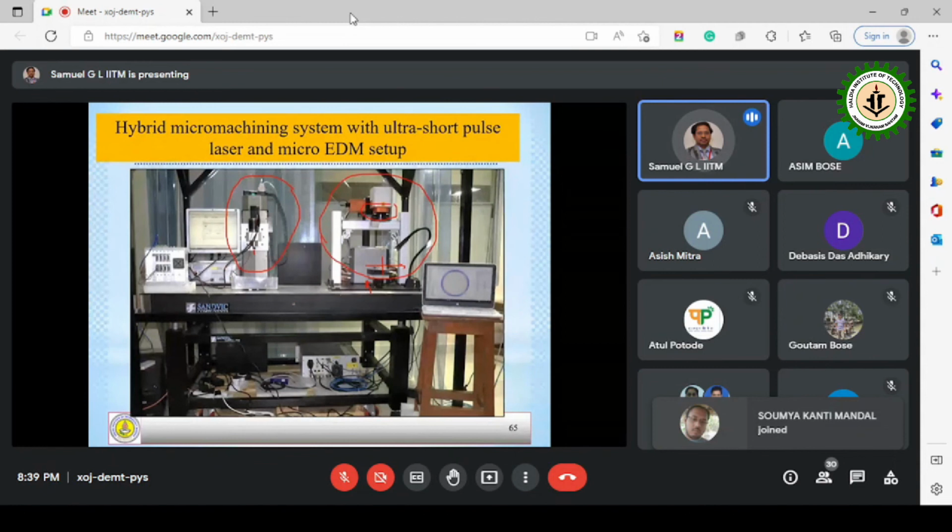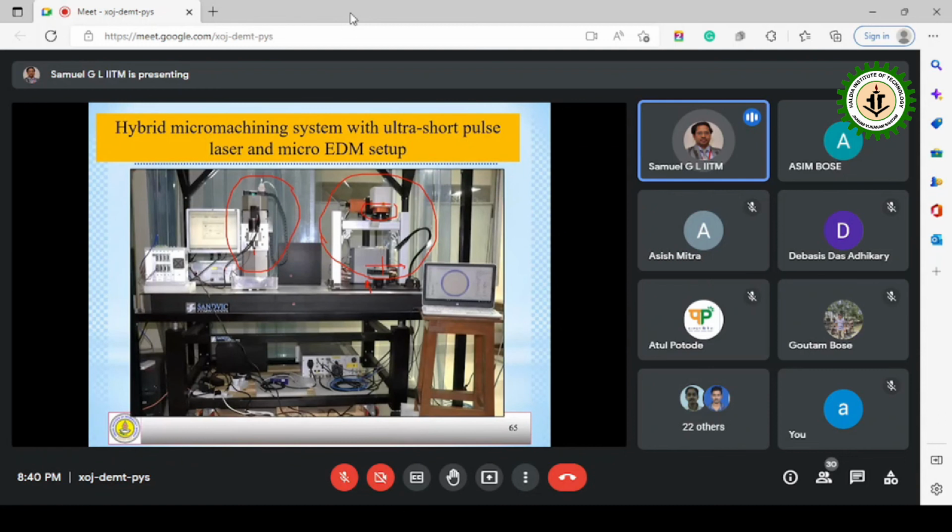We know that EDM is one of the most popular machining processes used in industry. You go to any industry where they are machining hard material, they will have wire EDM there. The material removal rate is not as high as compared to conventional machining, but it is quite big enough.